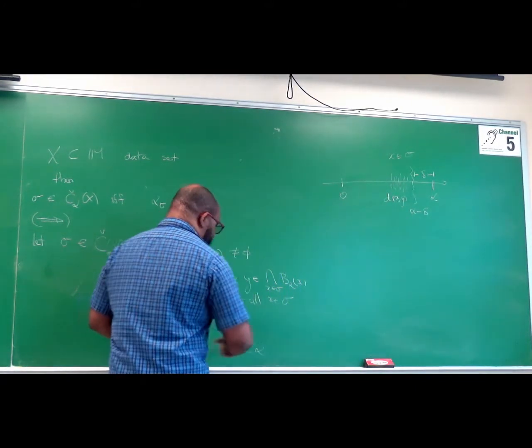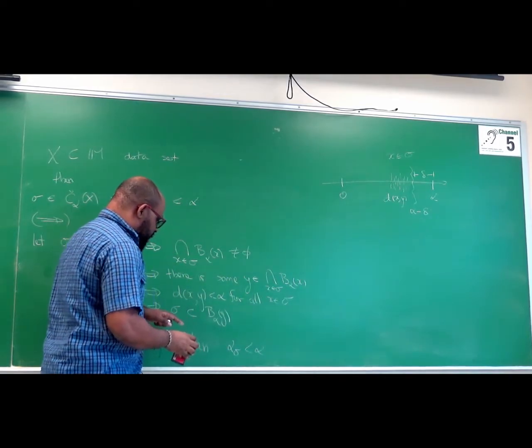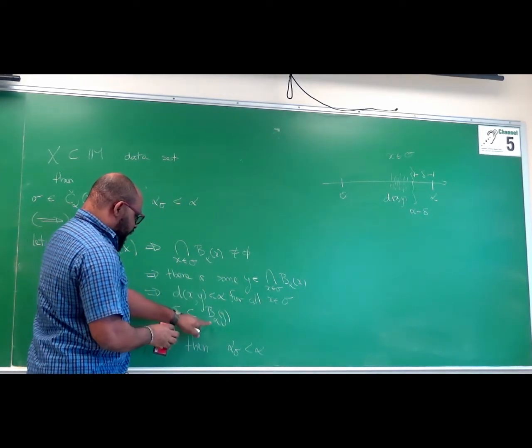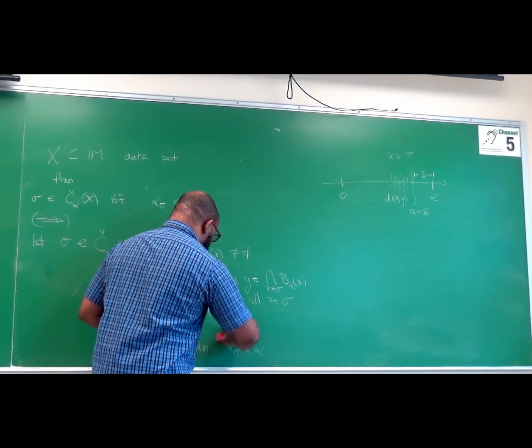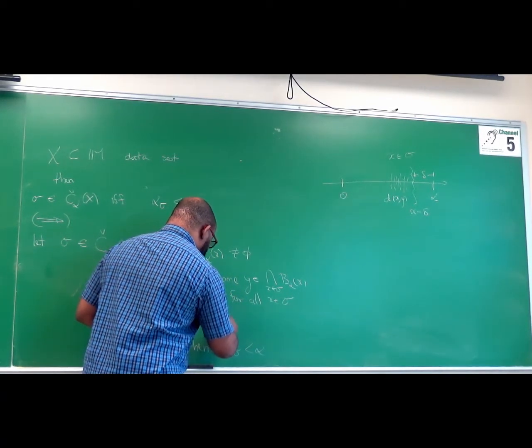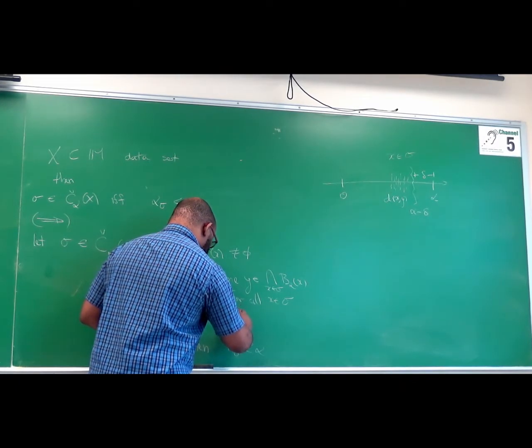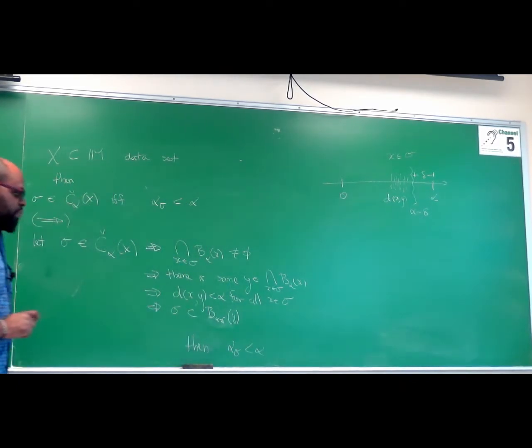So in particular, instead of saying that it is in the ball of radius alpha, I'm going to say that it's in the ball of radius alpha minus delta. And you see why in a moment. I'm going to give myself some wiggle room.